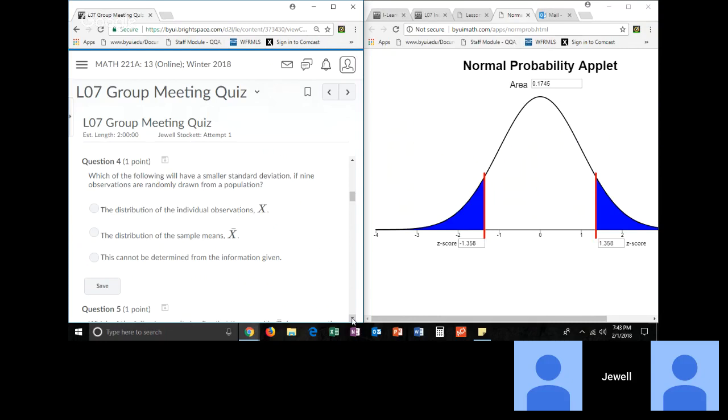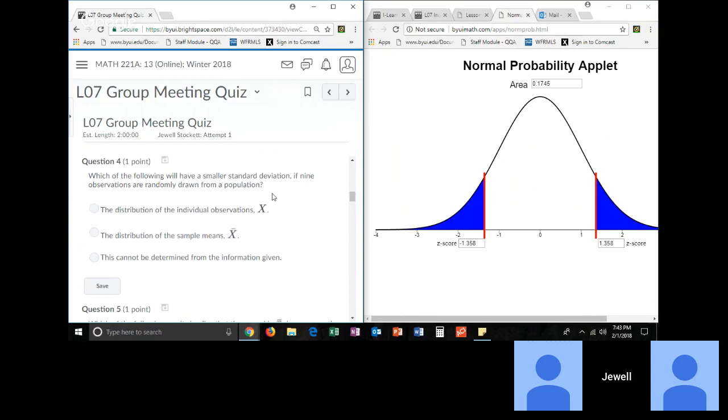Well, I do know that because of the law of large numbers, when the sample size increases, the standard deviation of the sample mean will get smaller. But as far as what they're giving us, the distribution of the individual observations and the distribution of the sample means, I don't know.